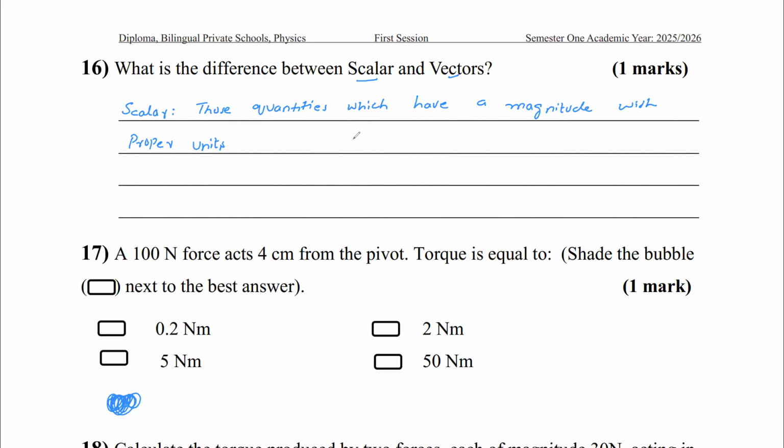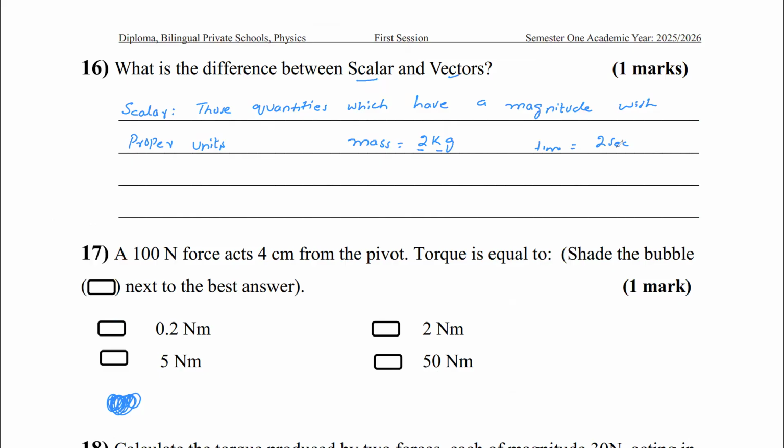For example, if I'm taking the mass, it is always taken as 2 kg. 2 is the magnitude and kg is the unit, so you have to write down the 2 with the unit. Or for example, time is also 2 second, because 2 is a magnitude and second is a unit.